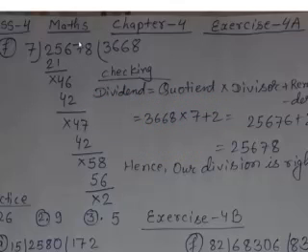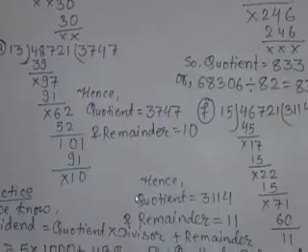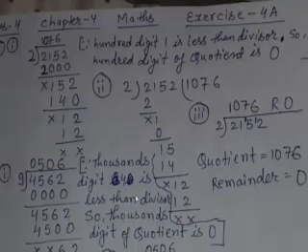Again 7 6 are 42, and while subtracting 58 comes, and 8 7 are 56, so 2 is the remainder. This is 4f. Sorry students, by mistake it has gone wrong. The first page has gone at last, and the last page has come first.